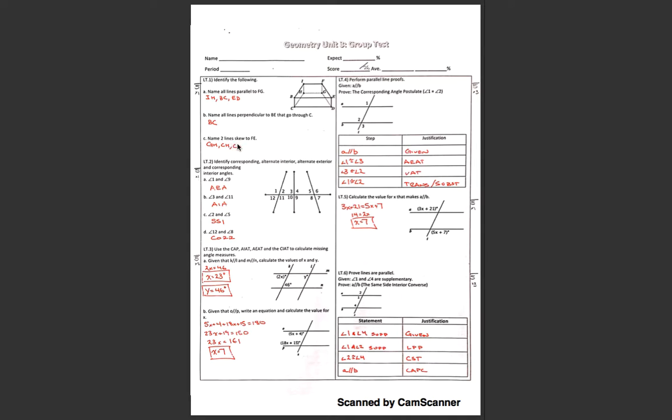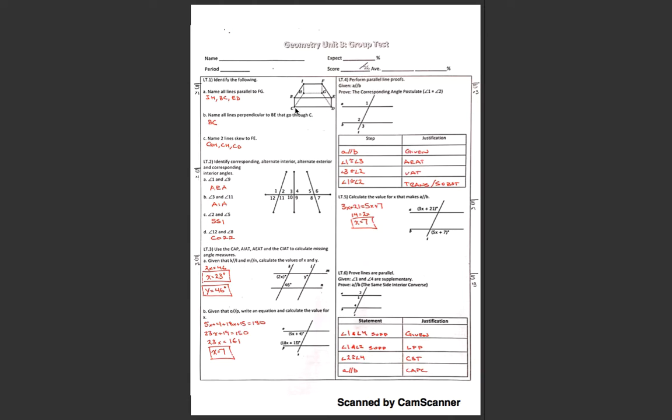Name two skew lines to FE. Well, FE is this one right here. So you want lines that are not in the same plane, lines that will never cross FE, but they're also not parallel. So which ones would those be? Well, CD down here would never cross FE, and it's also not parallel.